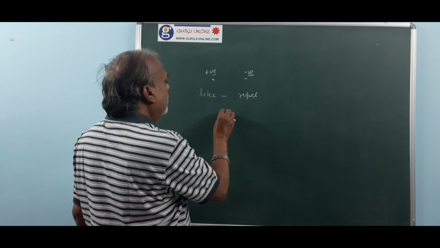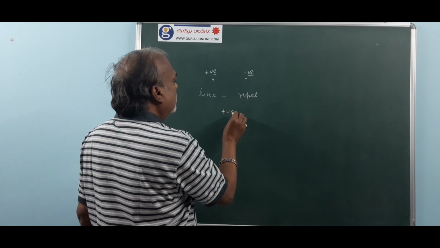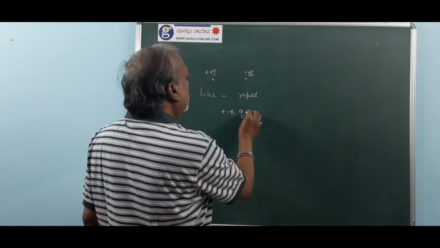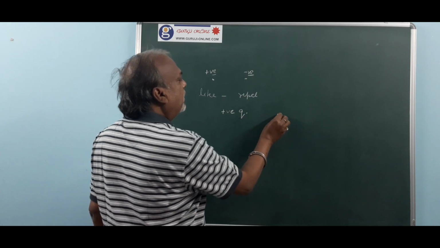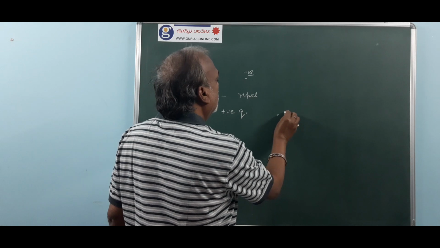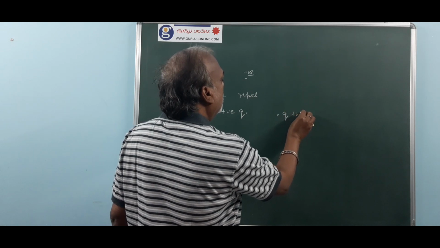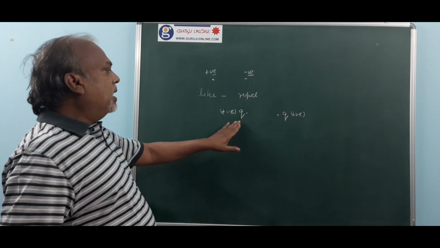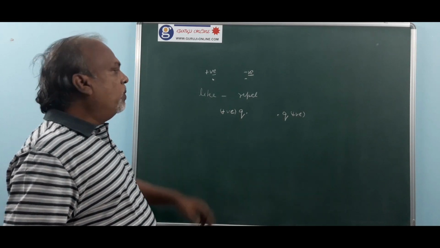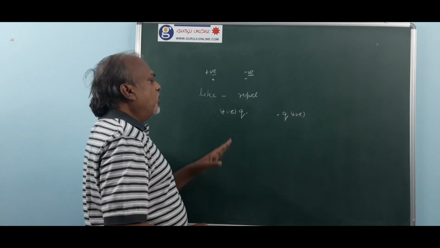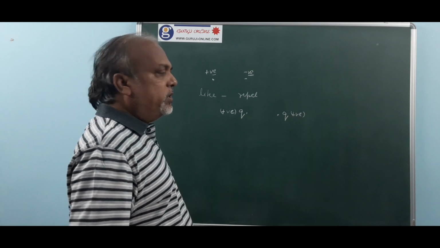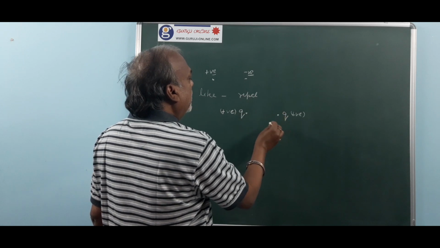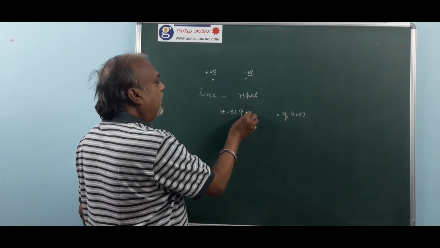Suppose we have two positive charges, this and this is also positive. Generally we denote the charges with Q. So suppose there is no sign, then it is a positive charge. What will happen between them? They will repel.